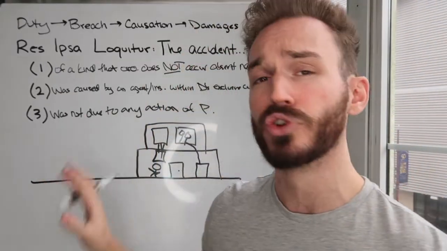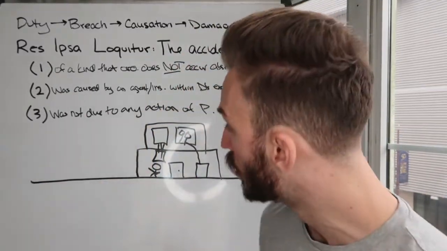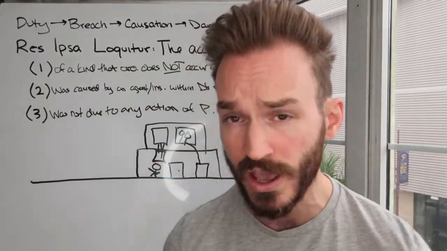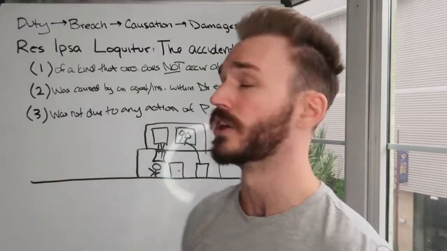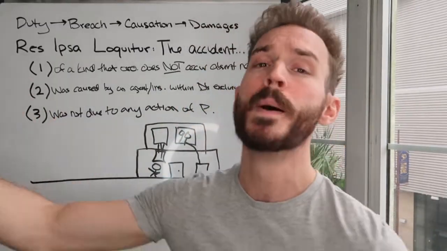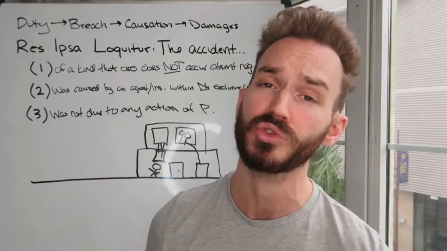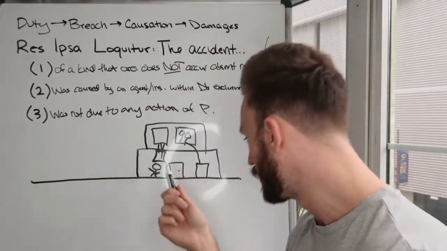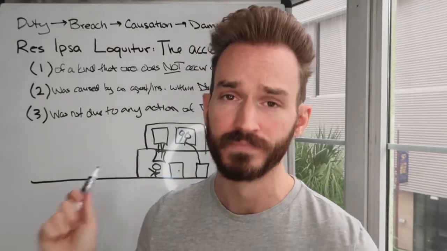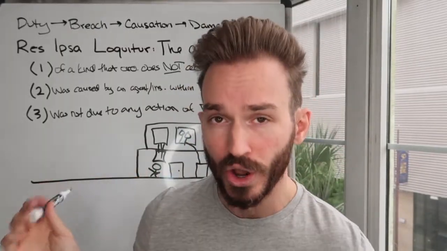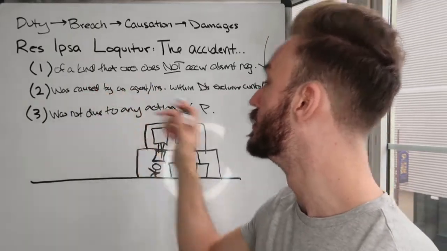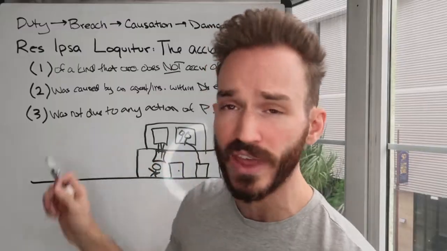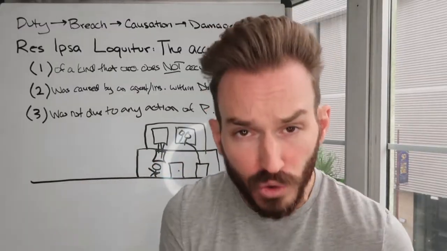Was the accident resulting in harm in Byrne v. Boadle caused by an agent or instrumentality within the defendant's exclusive control, within Boadle's flour shop's exclusive control? Yes, this was obviously caused by this barrel of flour that hit Byrne, which was obviously within the defendant's exclusive control. No one else had access to the second floor. It was all within Boadle's flour shop.